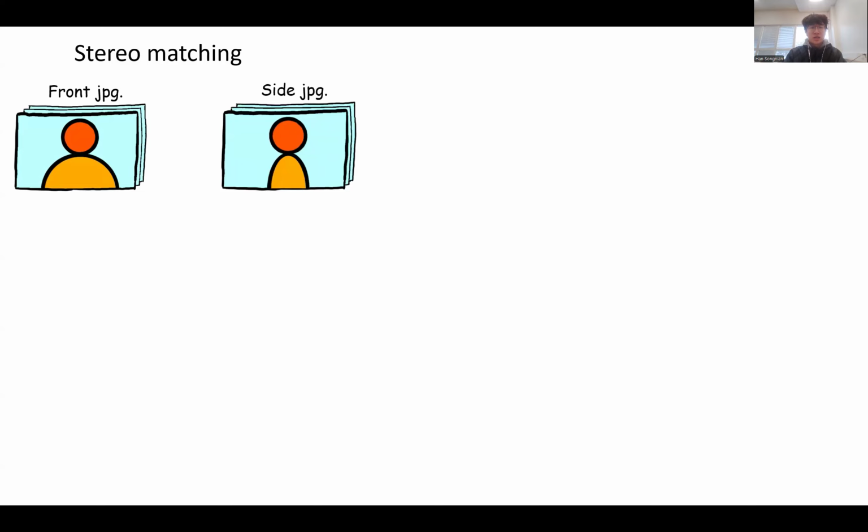And in the same sense, cameras at different angles will take different pictures. For example, this one is maybe a front angle, and maybe this one is the side photo.